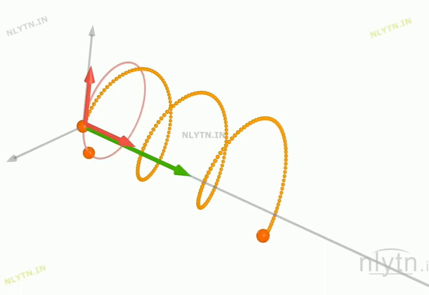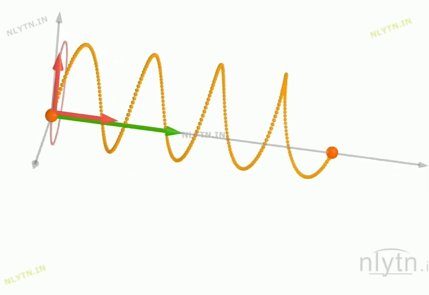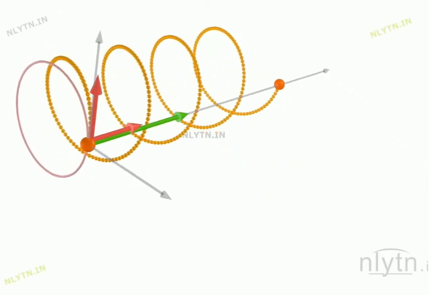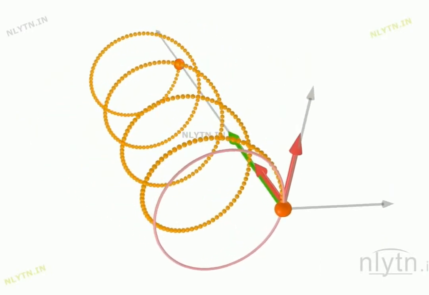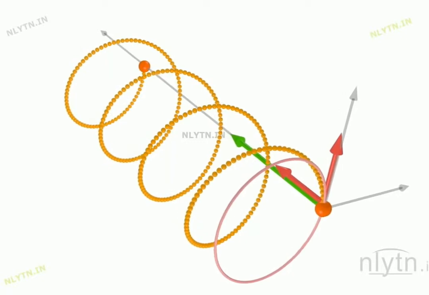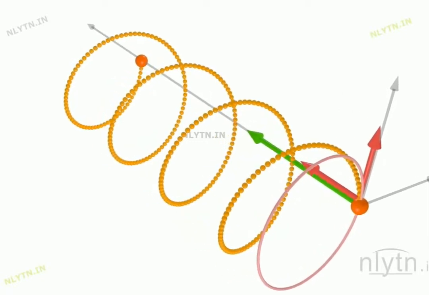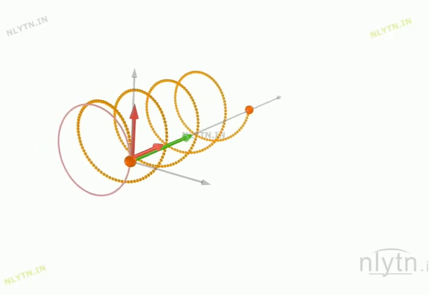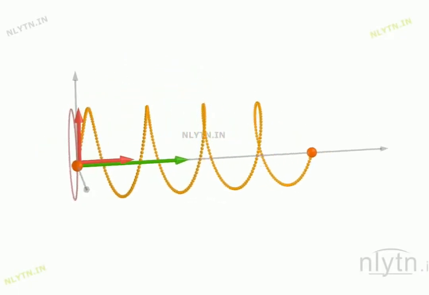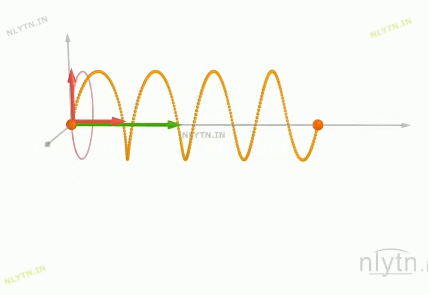The resultant path will be helical. Clear? So this is how a charge moves with an angle theta in a helical path. The center of the circle will be the center of the helix. Next time you can imagine that the red circle is in our YZ plane, by using the right hand palm rule.